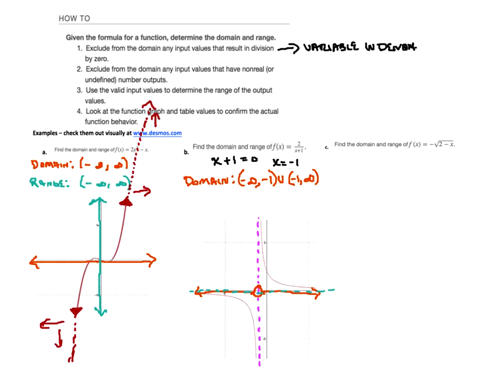So in my y values, I come all the way up from -infinity, but when I hit 0, I don't exist, and then I move all the way through positive infinity. So my range comes from -infinity up to, but not including 0, or from 0 through positive infinity, non-inclusive.